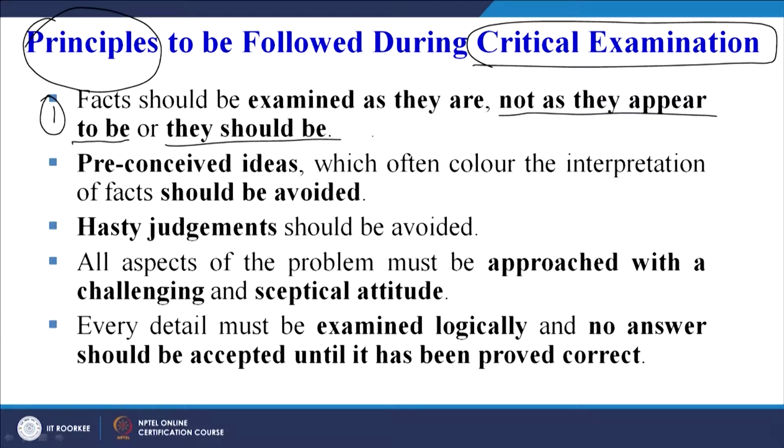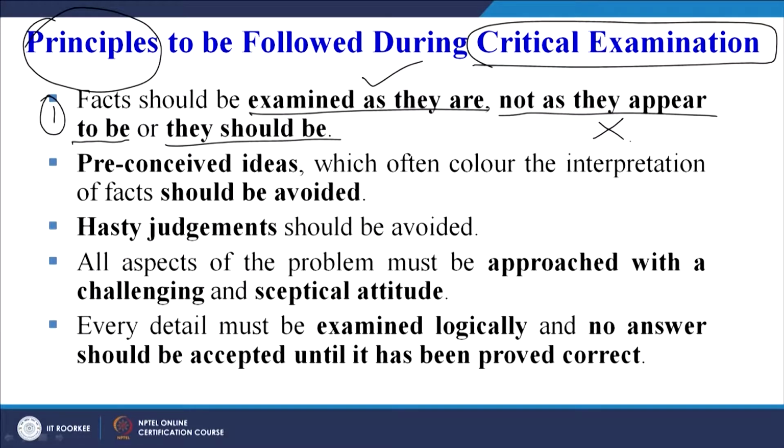But once we are analyzing the facts during the critical examination, all the additional information that we have must not come into our decision making. So facts should be examined as they are, not as they appear or as they should be. We must concentrate only on the facts without any additional information or any hazy information.